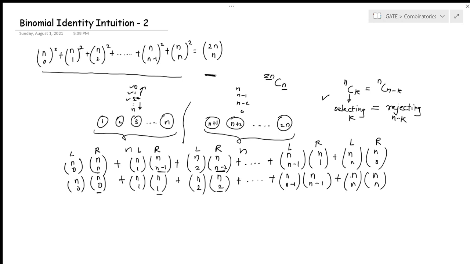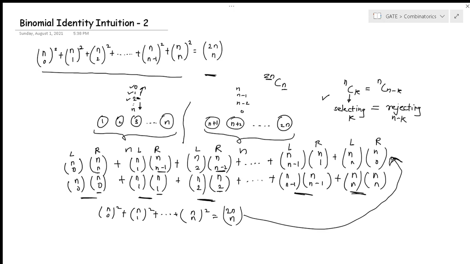If you follow this, you can see that both of these terms are equivalent, both of these terms are also equivalent, these terms are also equivalent, these two are also, and these two are also. So they automatically converge to a square if we do the multiplication. Here we will have nCn square, and what we saw is that we were partitioning 2n elements, and out of these 2n elements we initially had to choose n elements, and one of the ways to choose the n elements was this.